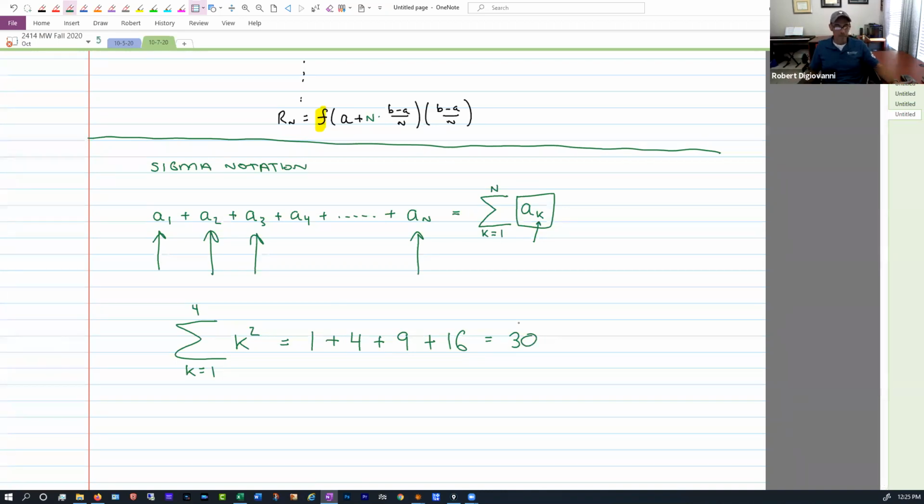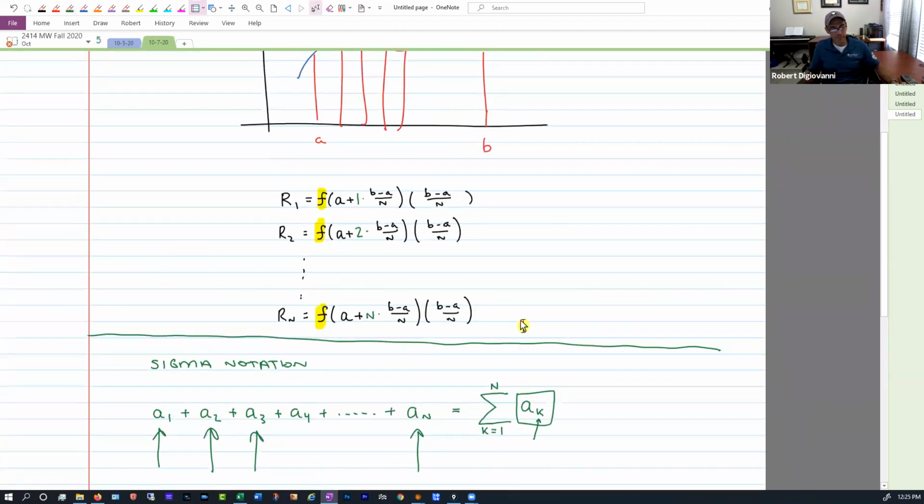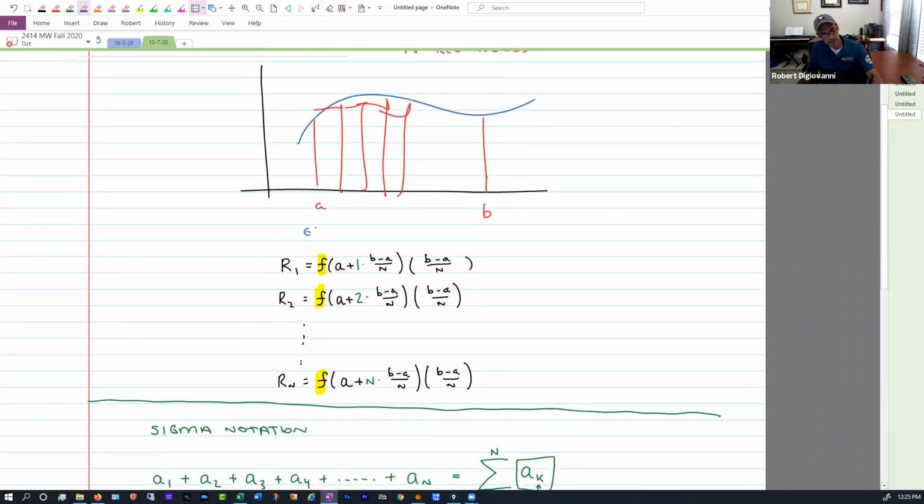All right. So this is just notation. It's just something you should be familiar with. So let's go back up here, because if I'm going to do the area of this, if I want to estimate the area of this, then what I need to do is take all these and add them up, right?